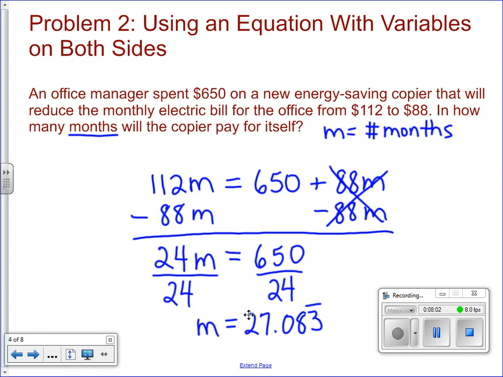So we can say that M is approximately, and in this case, because it won't quite be paid for in 27 months, I would tend to round it up to 28 months, only because by 28 months, the new copy machine will be fully paid for.